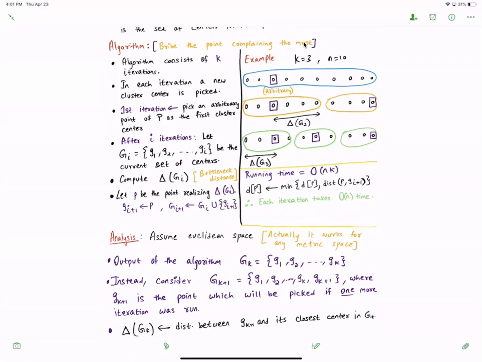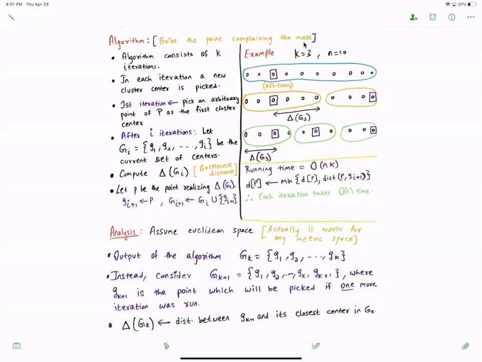Then it would have output this set, capital G of k plus 1, which would have had one more point in it, small g of k plus 1, right? So we'll work with k plus 1 points. For that, we need this capital G of k plus 1.